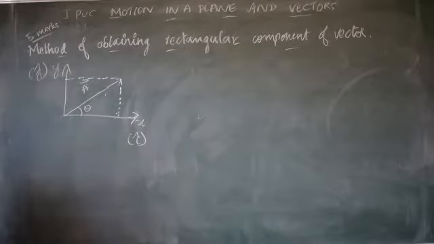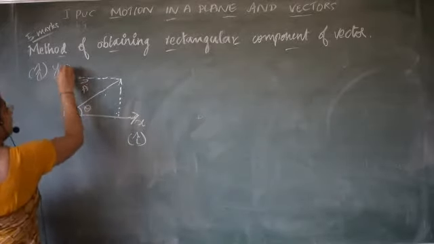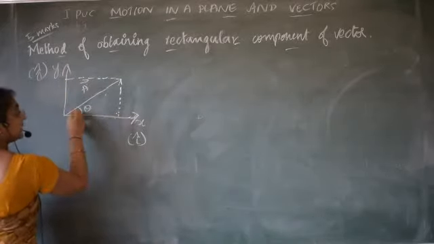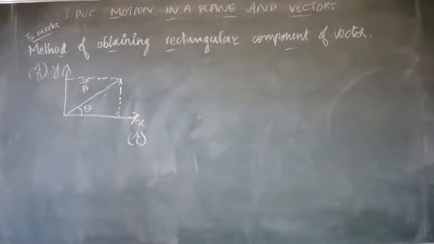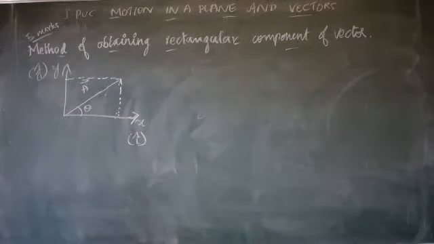Two lines. This is the perpendicular line for the y-axis, and this is the perpendicular line for the x-axis.